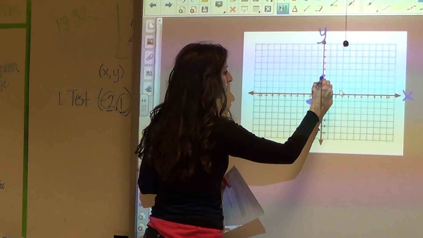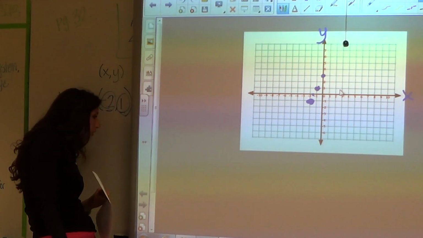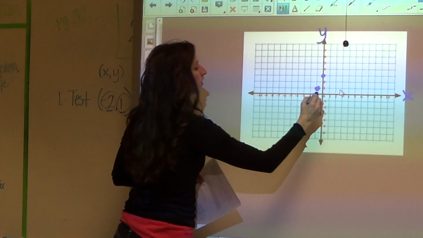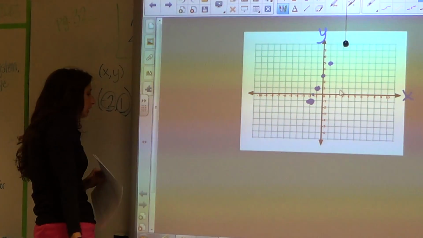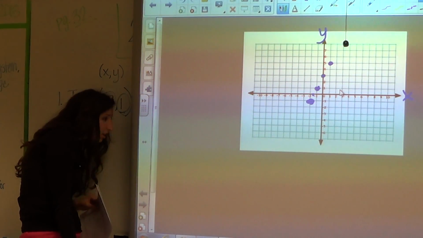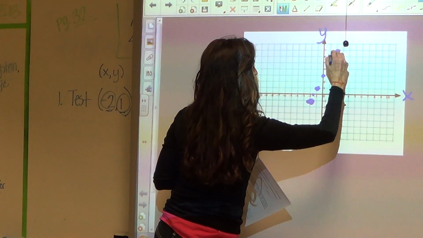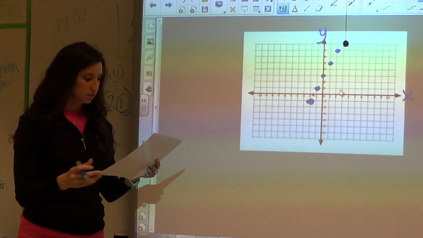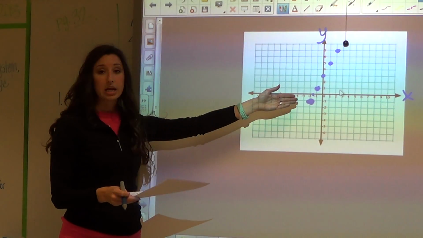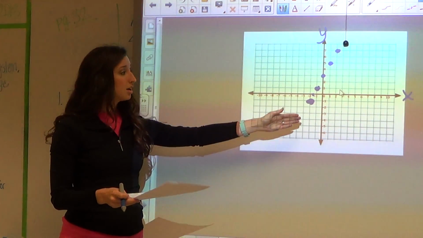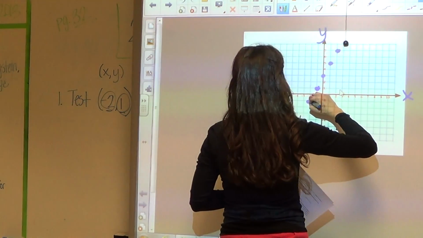So I'm going to put my point at 0 on the X, 3 on the Y. Fourth point, 1, 5. There we go. And the last point is 2 and 7. Okay, very easy. Then the third step we're going to do, we just did it. We plot our points, and finally, we're going to connect the dots. Super simple.